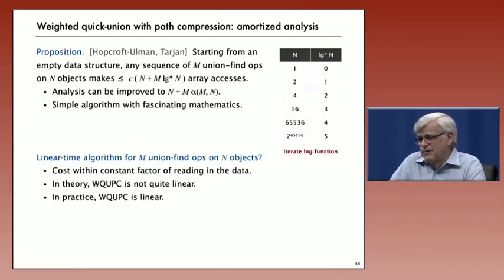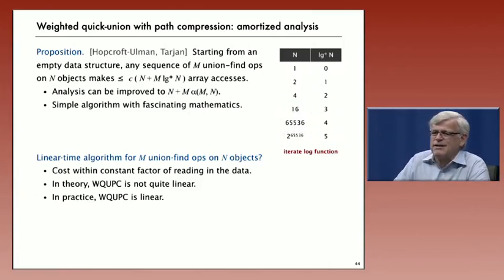And another point about this is that it seems so close to being linear, that is, time proportional to n, instead of time proportional to n times a slowly growing function in n. Is there a simple algorithm that is linear? And people looked for a long time for that. And actually, it works out to be the case that we can prove that there is no such algorithm.